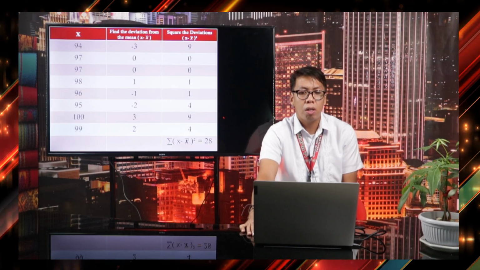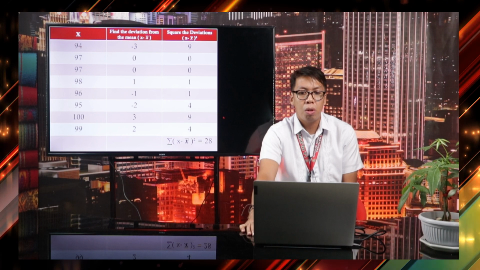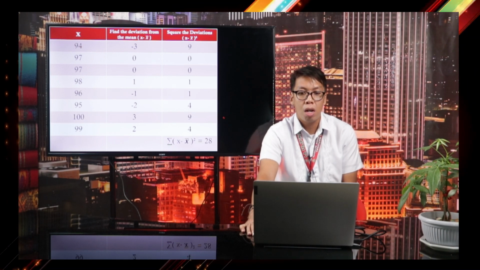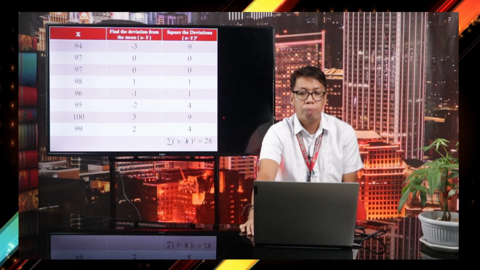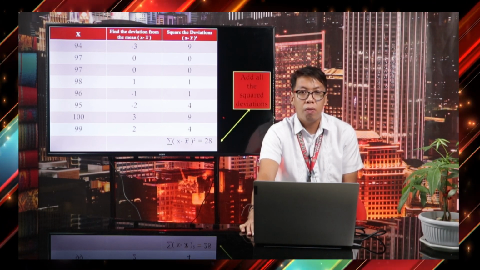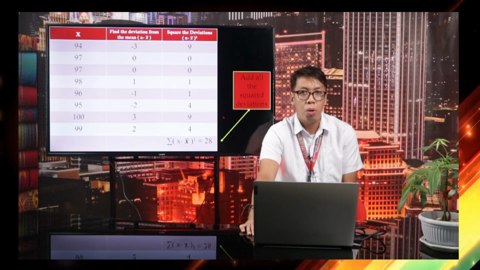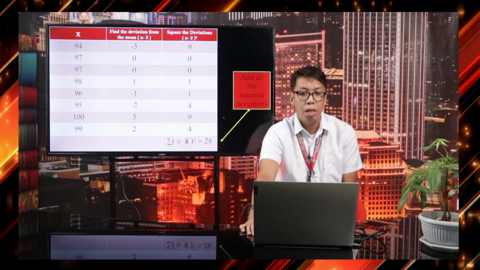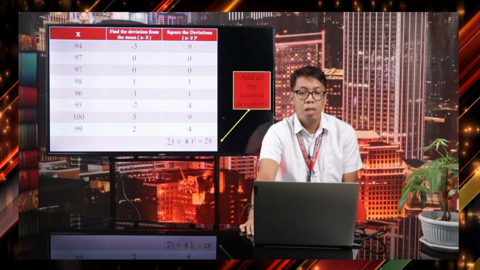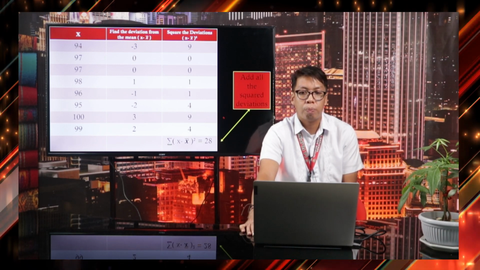For the squared deviations, we have 9, 0, 0, 1, 1, 4, 9, 4. Add all the squared deviations: 9 plus 0 plus 0 plus 1 plus 1 plus 4 plus 9 plus 4 is equal to 28.